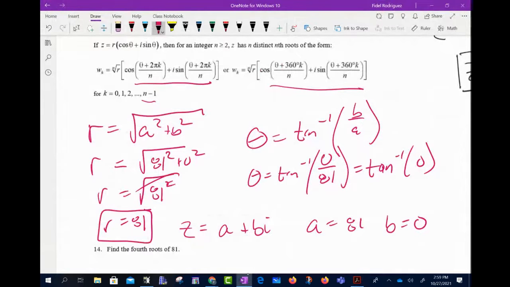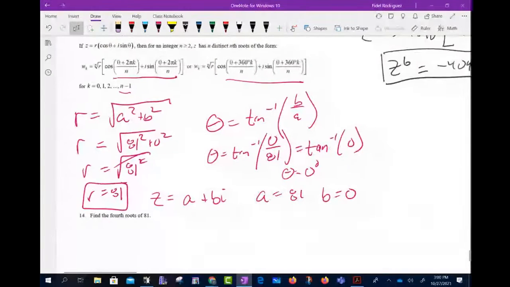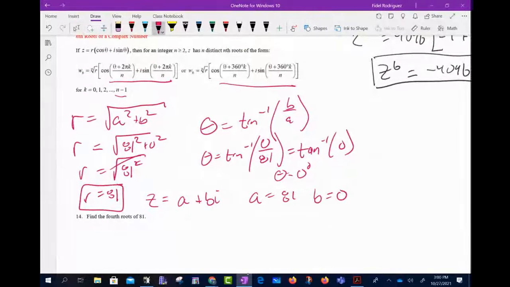So my theta here is 0 degrees. Now that we have that, let's write our answer in polar form. I'm going to say z equals 81 cis 0 degrees, right?